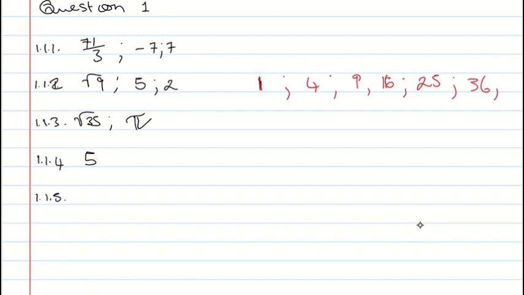Let's do the first 10. So that's 36, and then 49. And then after 49, it's going to be 64, and then 81, and then 100. And that's the first 10 square numbers.